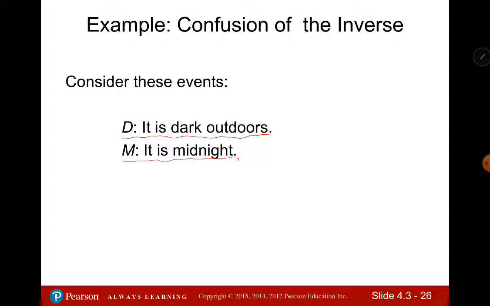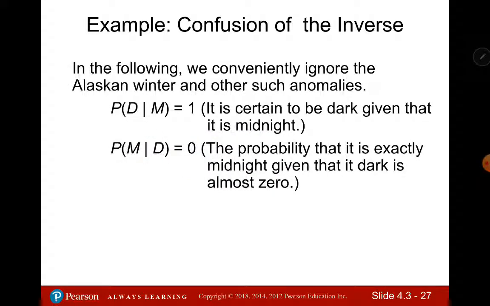M stands for it is just 12 a.m., midnight. Okay, so let's check the probability of it's dark outside given it's midnight is equal to 1.